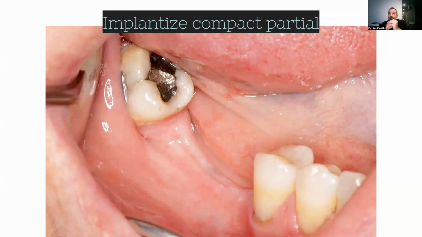Although we don't do small partials, we always do the same design, but we can do some cases. In this case, it has only 4 millimeters from the nerve to the crest, and it was really difficult to put even short implants.